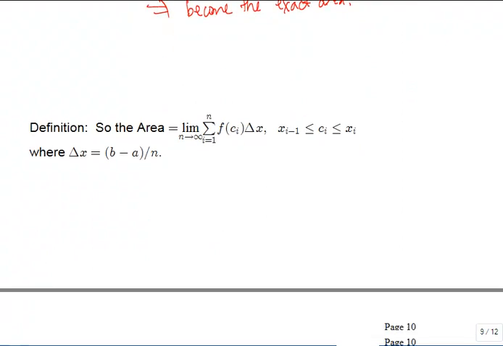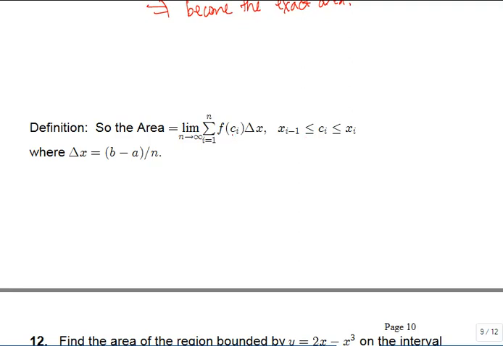Okay, so definition, the area under your curve is going to be the limit as n goes to infinity of the sum from 1 to n of f of c sub i delta x, and this c sub i can be any endpoint in between your subinterval points.